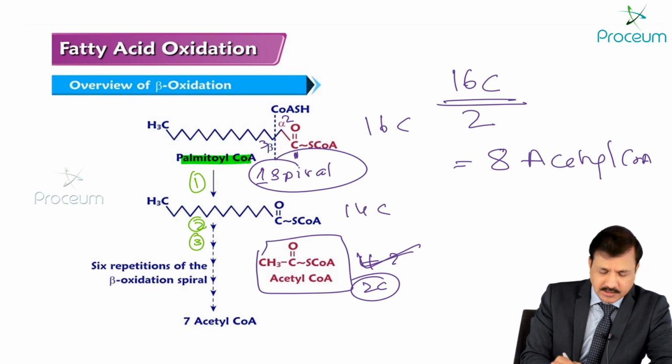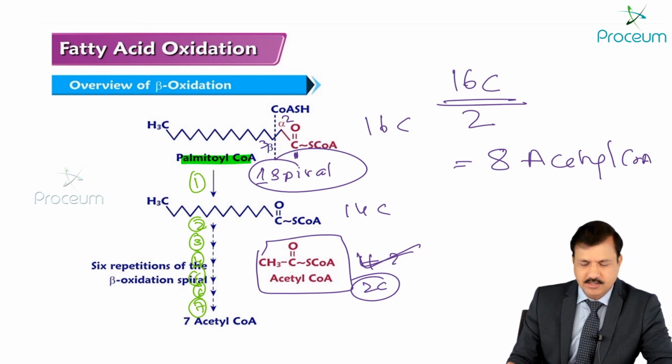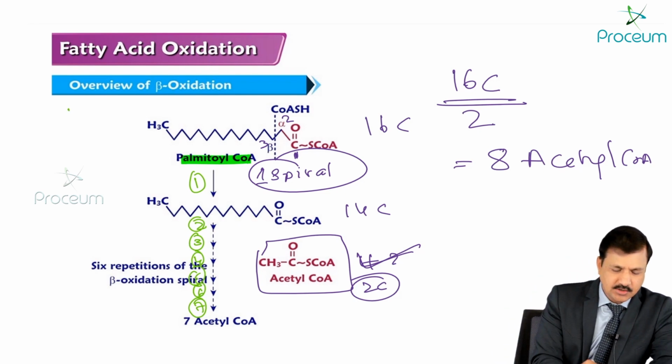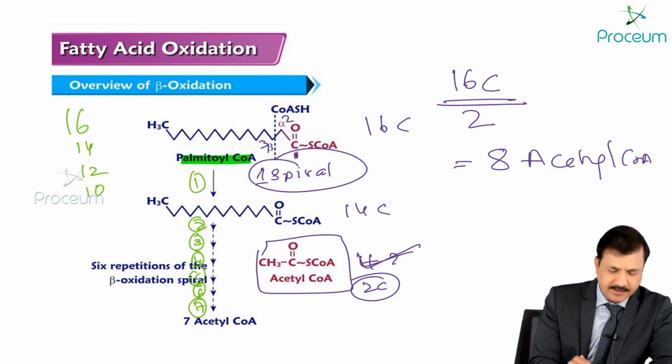Then the third, 4, 5, 6 and 7. So a total of 7 beta oxidation spirals. First spiral to second spiral, it is 14, 14 to 12, 12 to 10, 10 to 8, 8 to 6, 6 to 4, and then 4 breaks into 2 plus 2, that is 2 carbon acetyl-CoA.